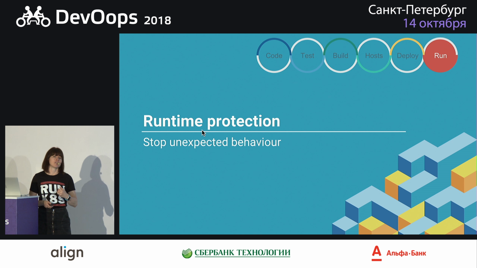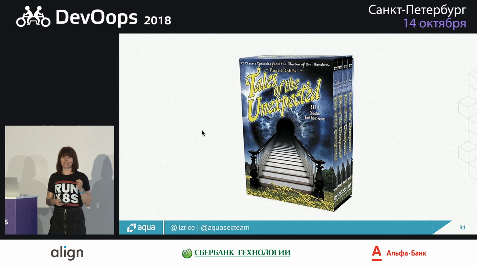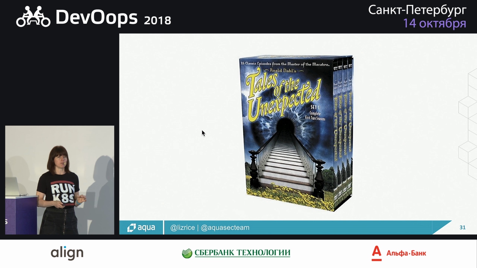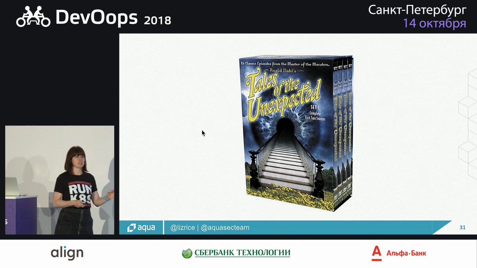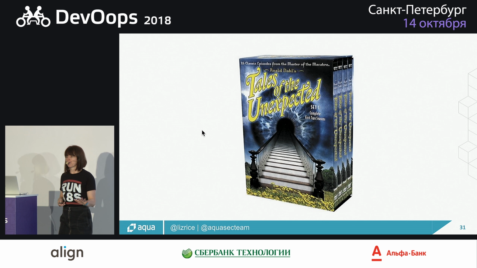So limiting a microservice so that it can only do a certain set of functions is a really powerful security technique. Essentially we want to stop unexpected behavior, because anything that is not expected we can start to consider as a bit of a horror story.